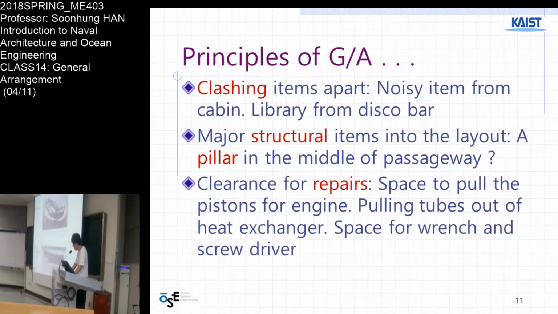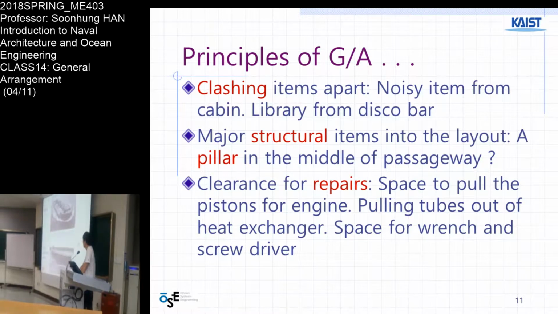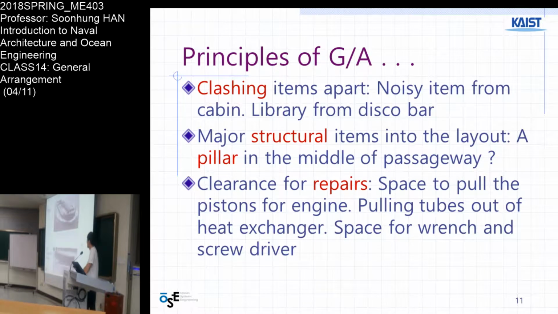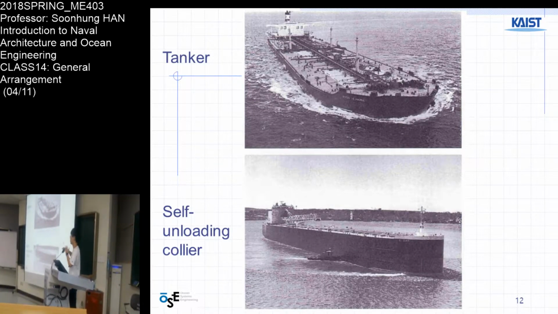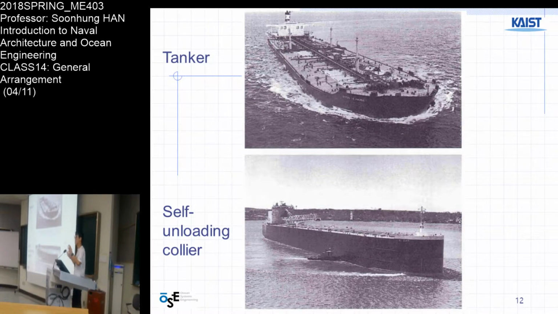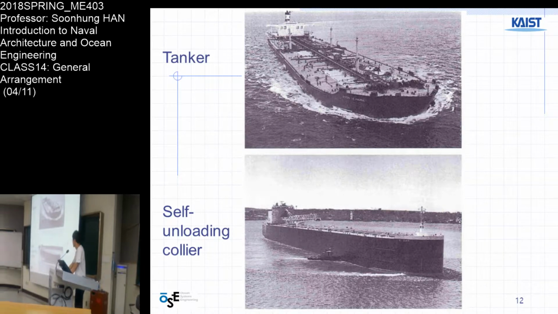And the picture below is a self-unloading collier. A collier is a ship that moves coal. For safety, there is a double bottom on the ship, so that if the primary bottom is crashed, the double bottom can protect against water going into the ship.